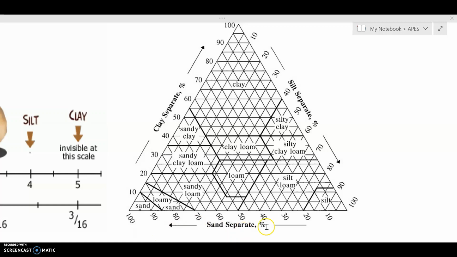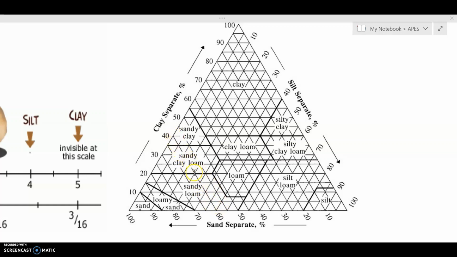So in this instance, we would look at the part of the triangle for sand, and we would go all the way up to the 60. Now what we would do here is follow the diagonal to the left. So in this circumstance, the diagonal would be right here.